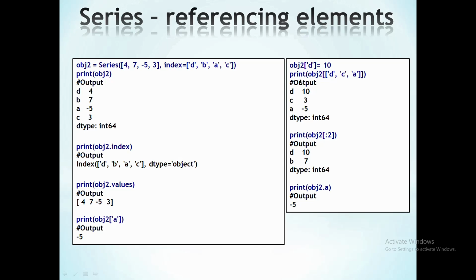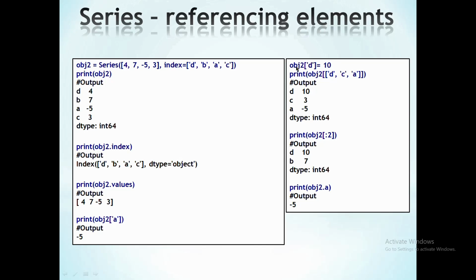Then when we want to assign certain values to an already existing index, we can directly assign that. For example, D is an index which is assigned the value 4. Now I am changing the value from 4 to 10.